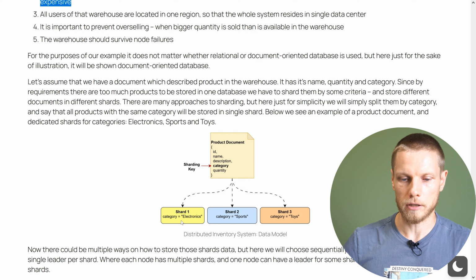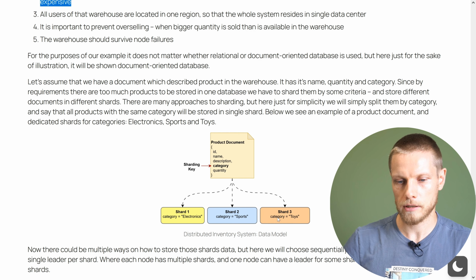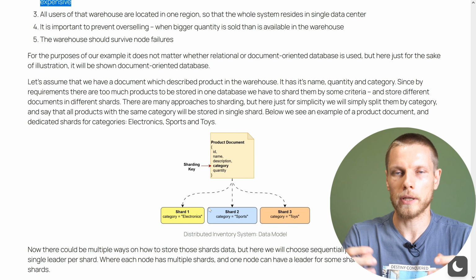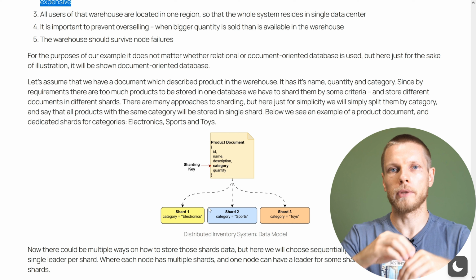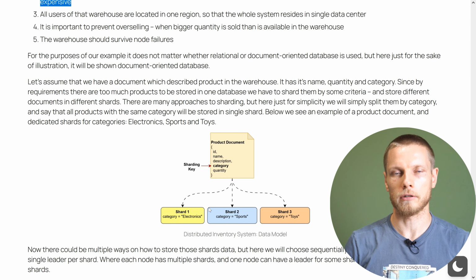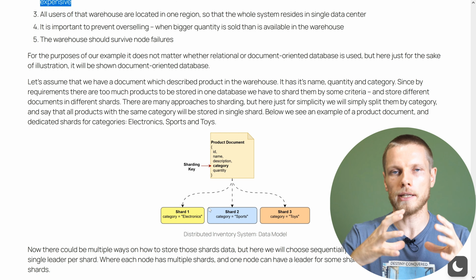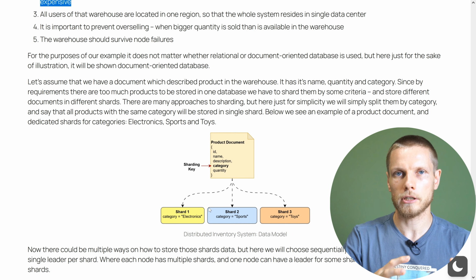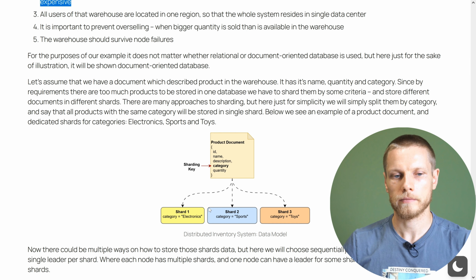So, for example, here we have the categories electronics, sports, and toys. And there will be shards 1, 2, and 3, and each shard will contain products of only one category. And let's assume that if we split the huge amount of products into categories, then each category will be relatively small and fit into one partition, into one database.